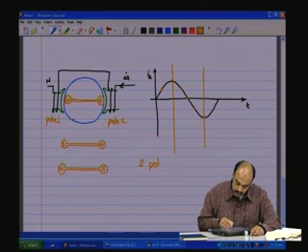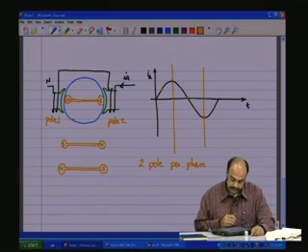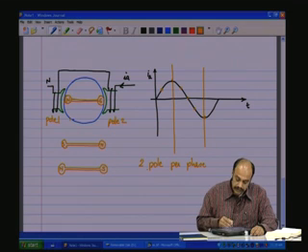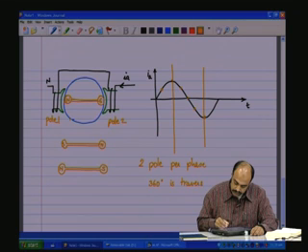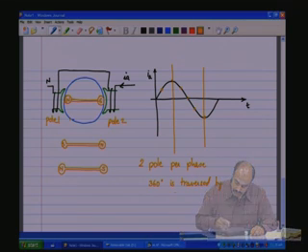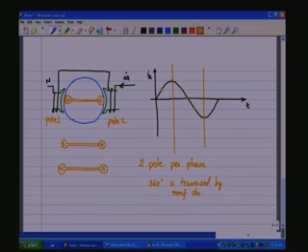So you have 2 poles per phase system. Now in this 2-pole per phase system, 360 degrees is traversed by the MMF dumbbell in 2 half cycles of the IA or the current wave.